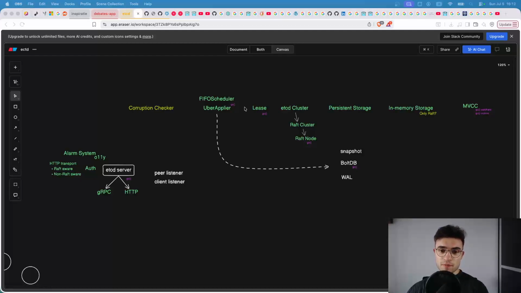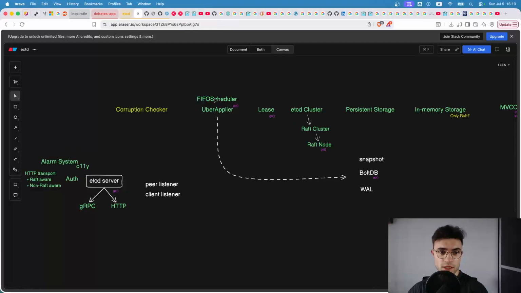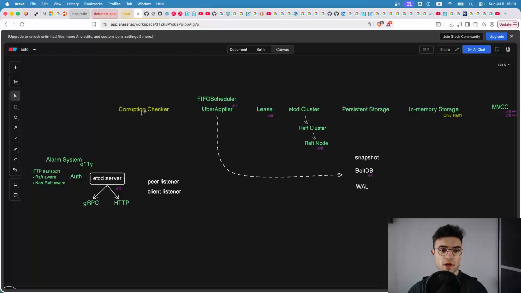And now if we stick with that analogy, right now I'm at the place where I almost understood all of the basic rules. I have a basic idea, for instance, about what the FIFO scheduler is, or what the corruption checker does, or what the lease feature is, and so on.